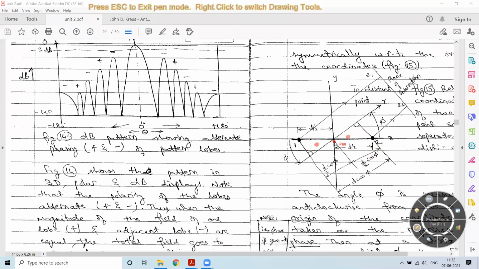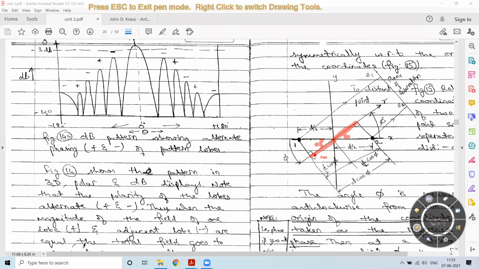Now if I happen to measure the distance, say this is 5, this is 5, I want to measure what this distance is, that is, the distance traveled by the wave if it is being generated from this point to this point.